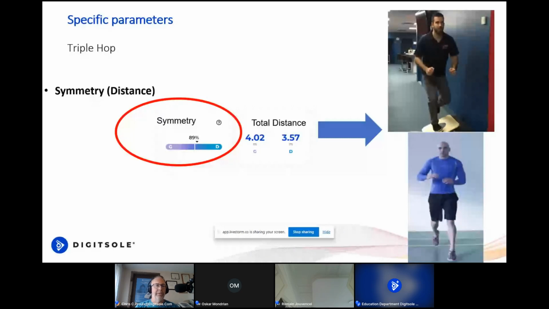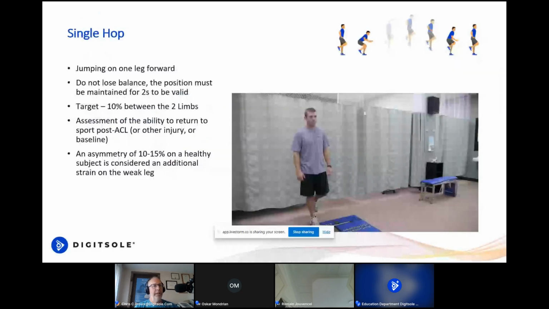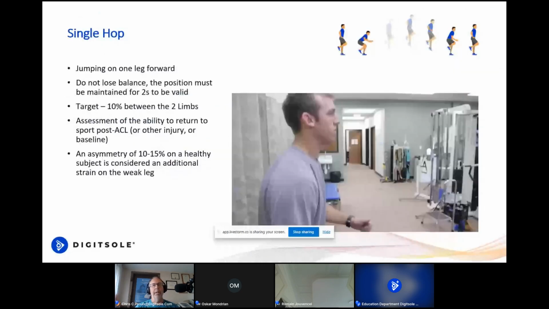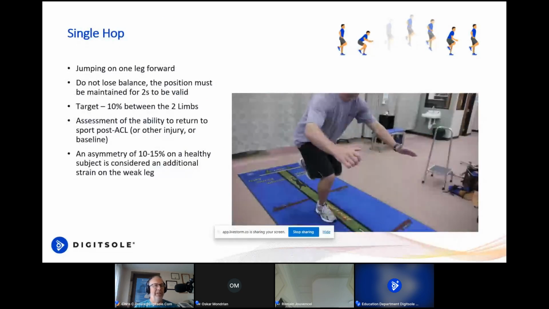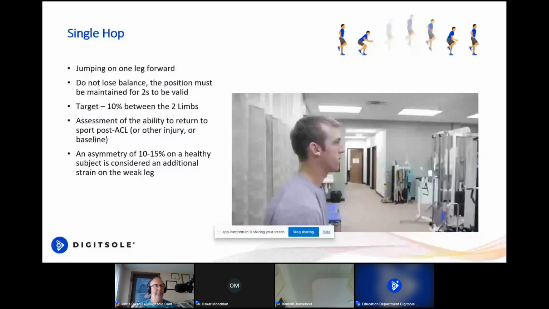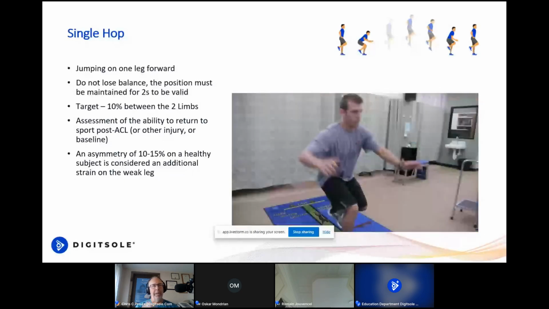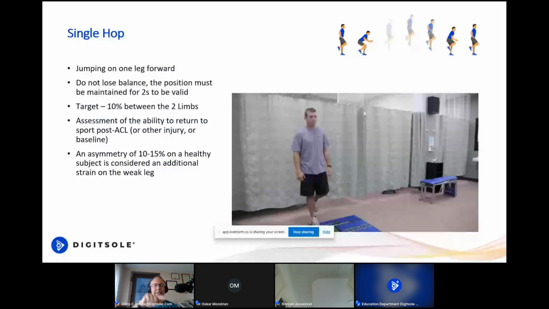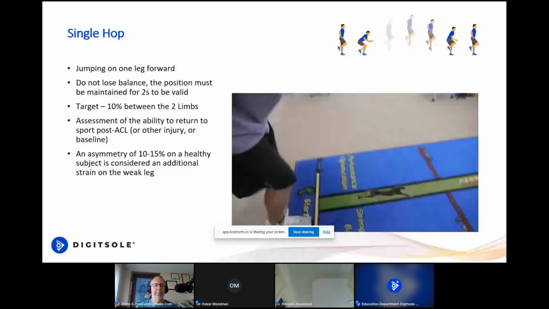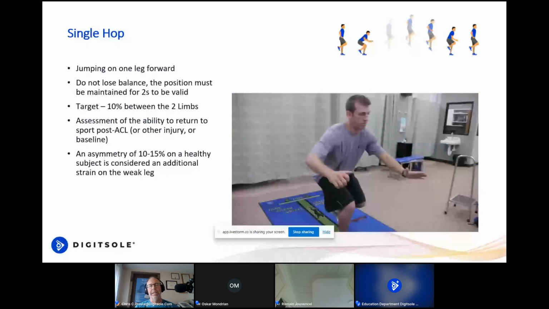We do strength activities from single leg squats and lunges, double leg squats, and various types of balancing activities. The single hop, this is very common also in a lot of clinics, because if they don't have a lot of space, it's very simple. It's also been highly correlated to the triple hop as that asymmetry assessment in return to play, right? So it's a little bit easy to administer.